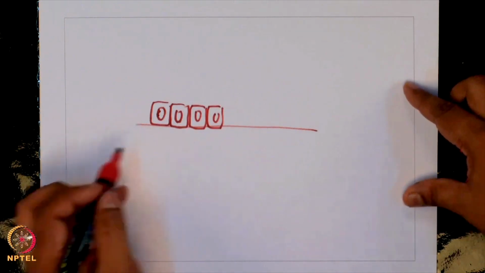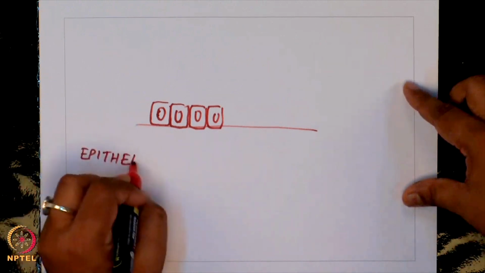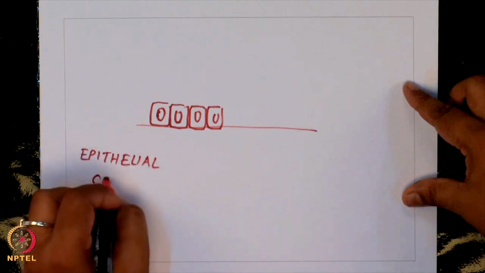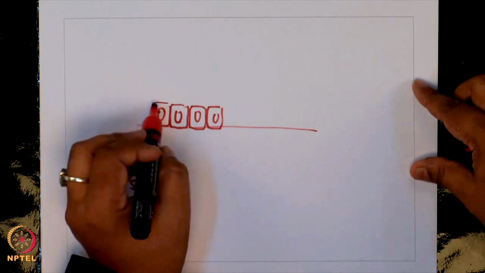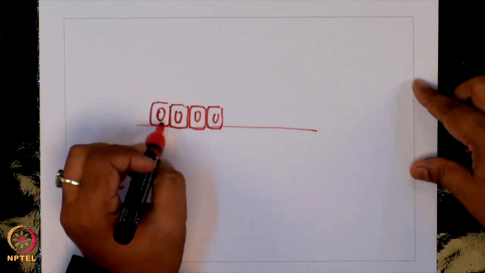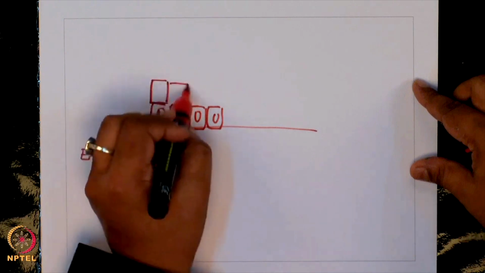These are called epithelial cells. The way I have drawn this, you have multiple layers of epithelial cells like this.